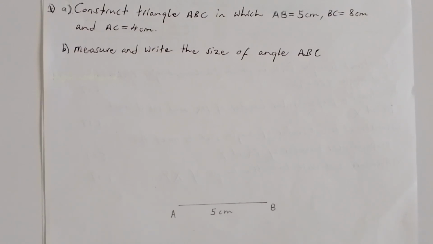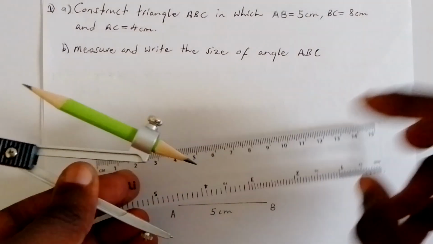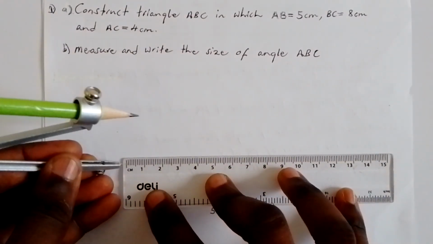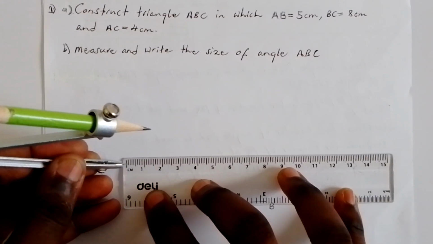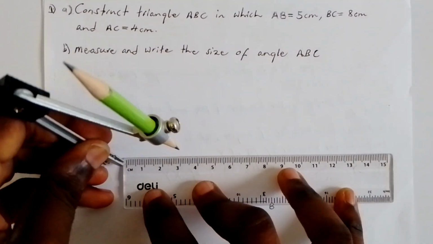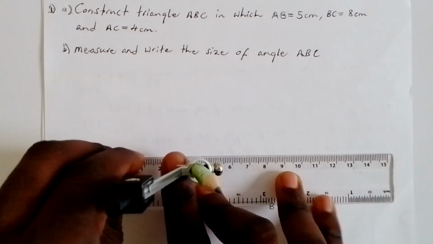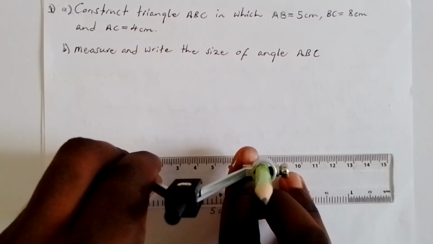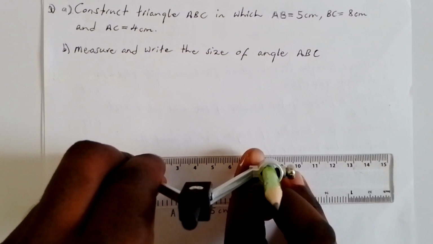Okay, so like for BC, which they have told us is 8 centimeters, you have to construct it. You have to open your compass to a radius of 8 centimeters using this ruler. You insert it on your ruler there, and then you open your radius to 8 centimeters.